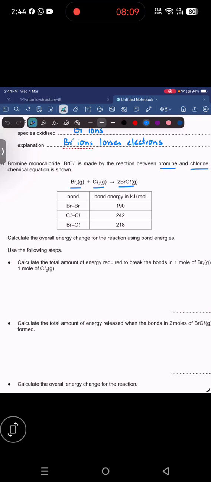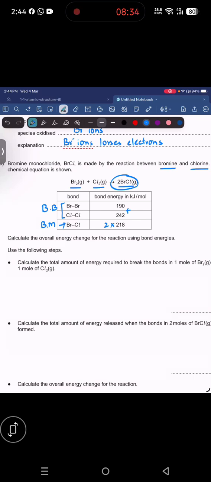So these two are on the bond breaking side, and this one is on the bond making side. So 2 moles of bromine monochloride are formed, so multiply by 2 here. Then we have to add these 2, so you will get the bond breaking side.